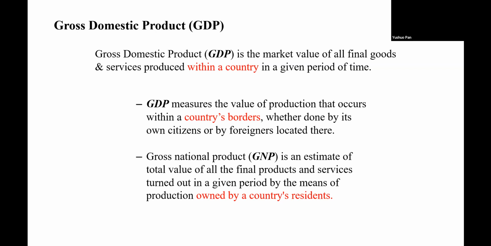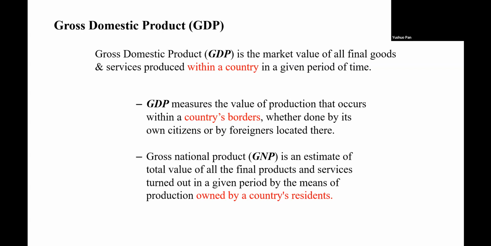It's an estimate of the total value of all the final products and services turned out in a given period of time by the means of production owned by a country's residents. So please distinguish these two definitions. For GDP, it is all production within the country. But for GNP, it's all residents.